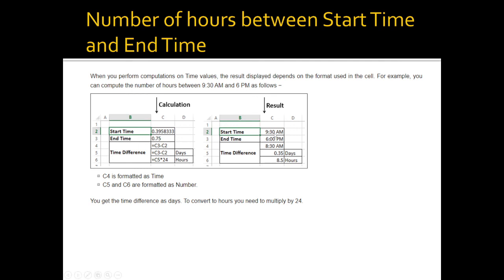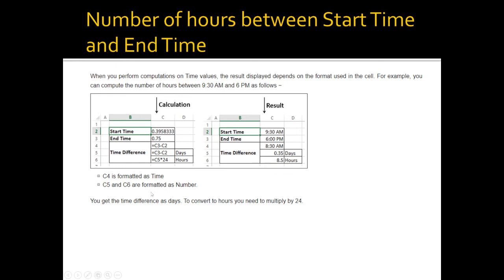So if you notice here we have 9:30 and 6, so that's 8:30, the time difference. But if you convert that to days, that's 0.35, and then convert that into number of hours, that's 8.5 hours. So again, C4 is formatted as time, this one.